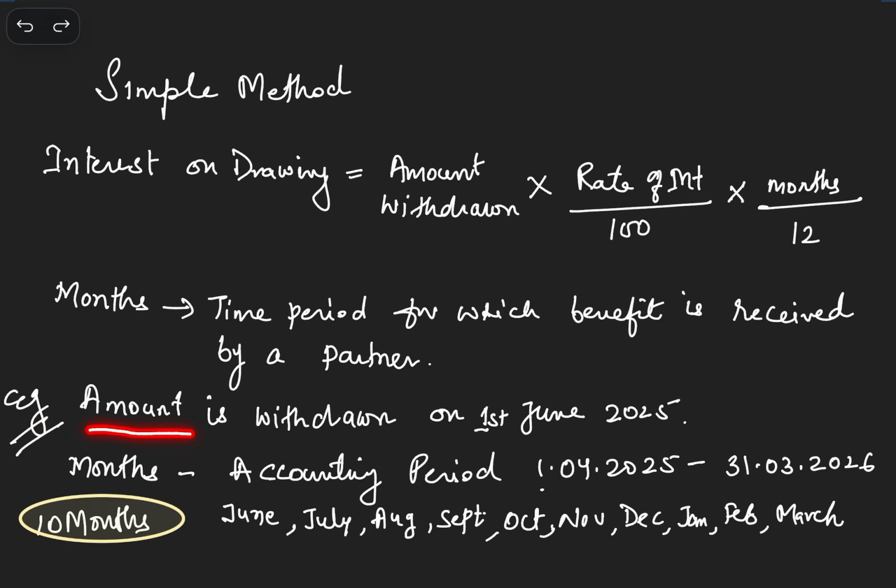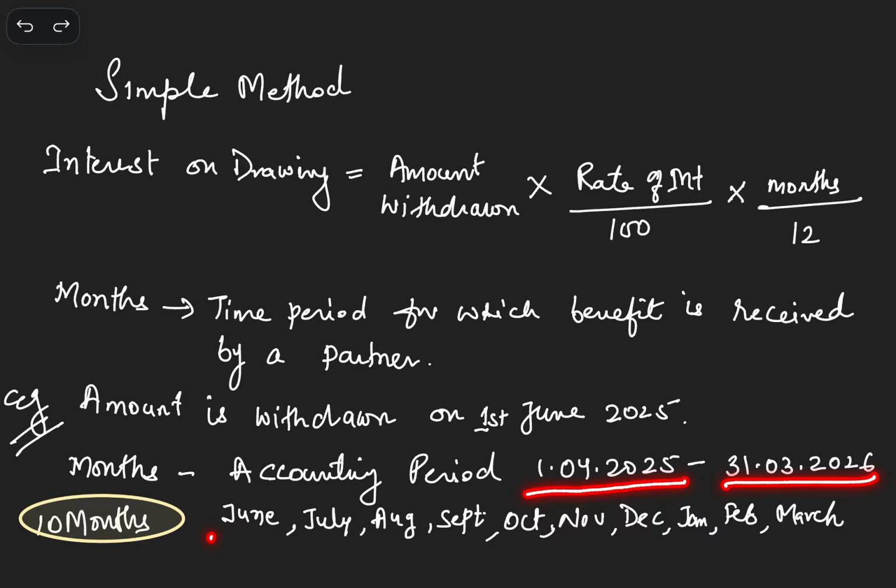Let us assume that the amount is withdrawn on 1st June 2025. Please check in which accounting period it falls. The accounting period starts on 1st April 2025 and ends on 31st March 2026.